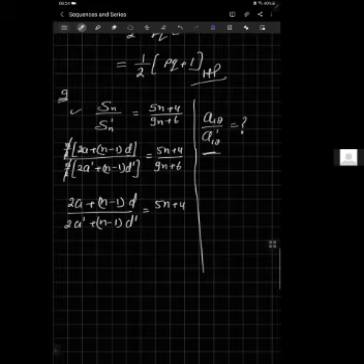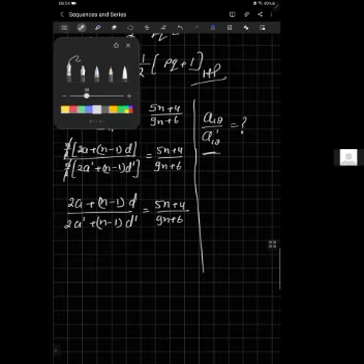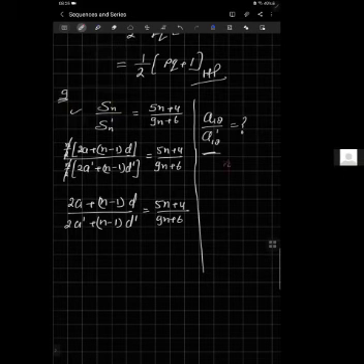So see, A18 is a plus 18 minus 1 into difference d upon a dash plus 18 minus 1 into d dash.